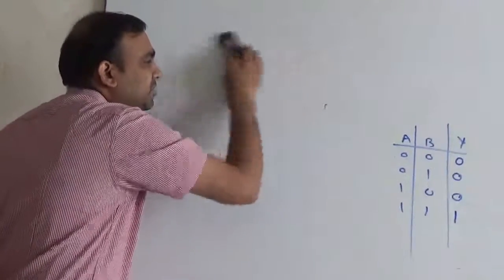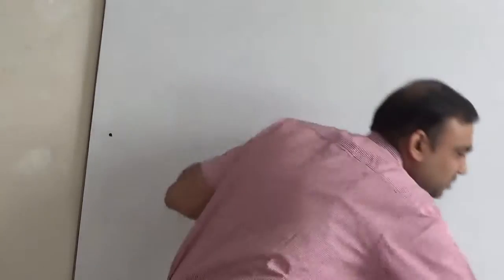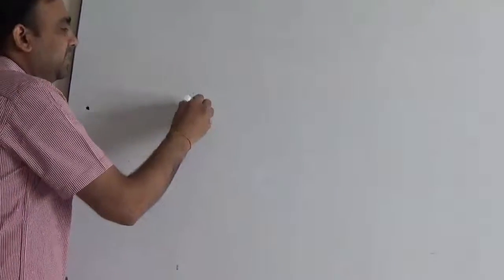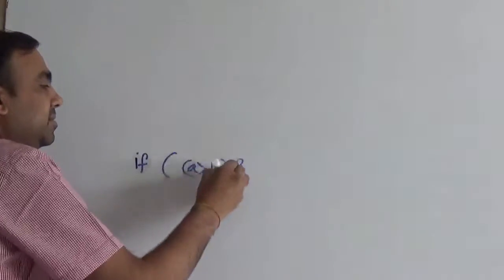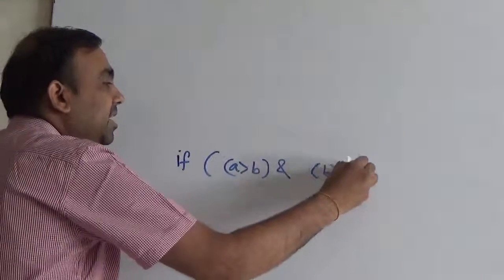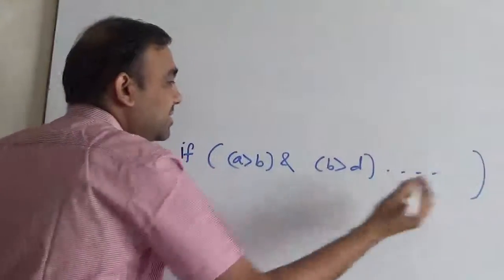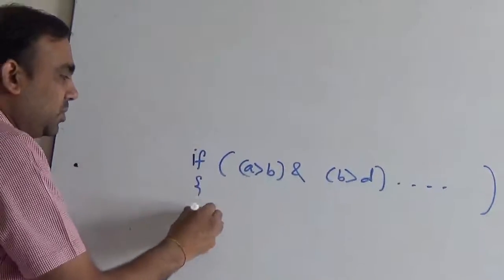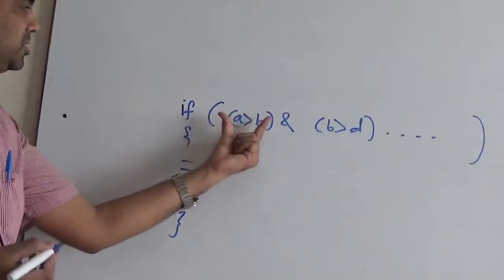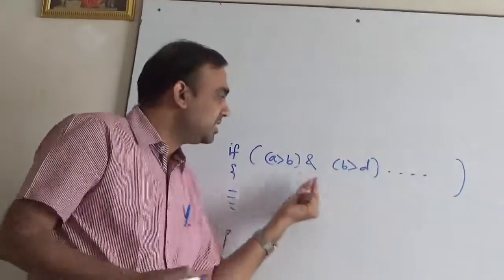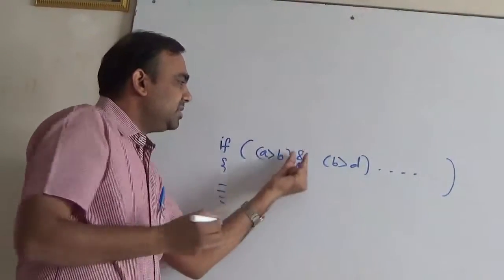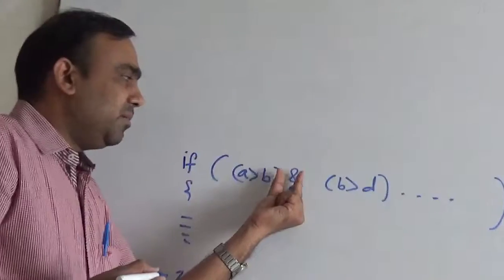Suppose we come to some syntax, maybe in C, maybe in Java. For example, you write something like: if A is greater than B and B is greater than D, like this. So whatever code you write here, suppose this is your first condition, this is your second condition, third, and any number of conditions. Which operator are you using? This is ANDing, logical ANDing. What is the meaning of this?